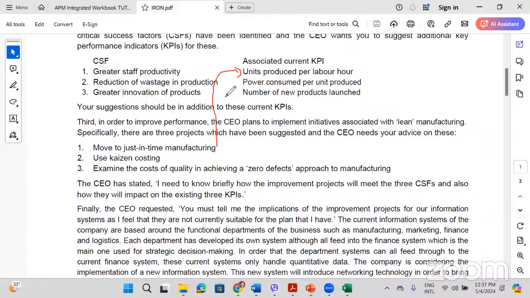Number of new products launched? No. Kaizen costing, units produced per labor hour relating to cost per unit. So then you can relate it to Kaizen, isn't it? Because then cost of production should come down per unit. Number of new products launched?